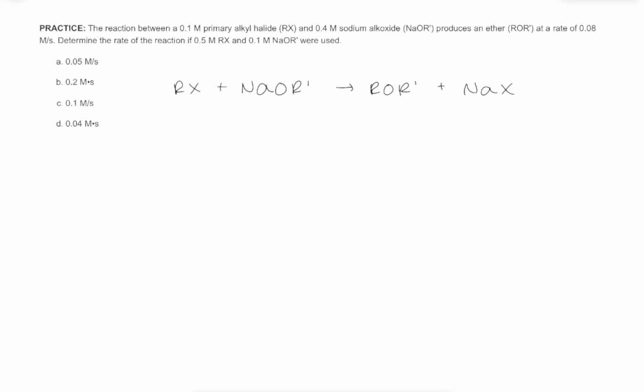So this reaction is a nucleophilic substitution where the alkyl group of the alkoxide replaces the halide of the alkyl halide, giving us our ether. Since the alkyl halide is primary here, no steric hindrance is involved. Therefore, this will undergo SN2.